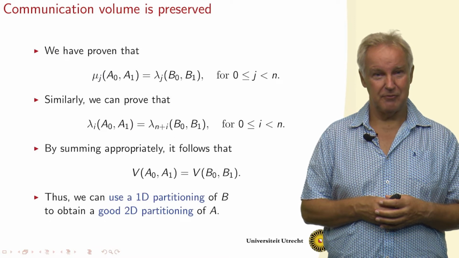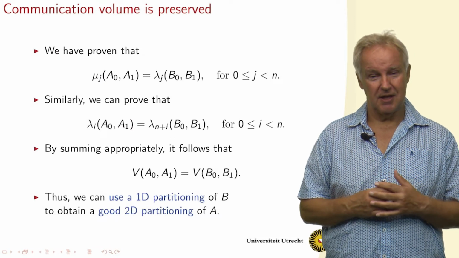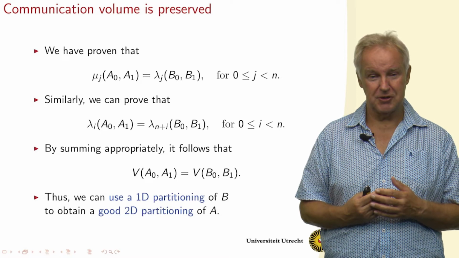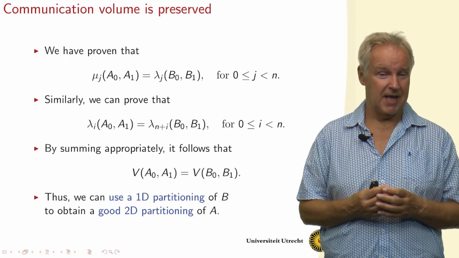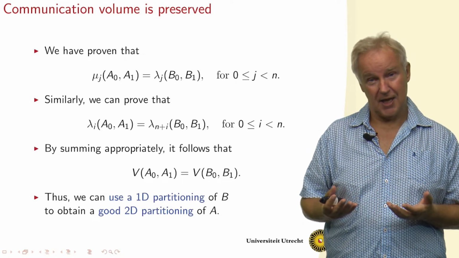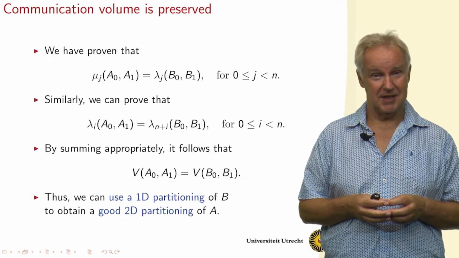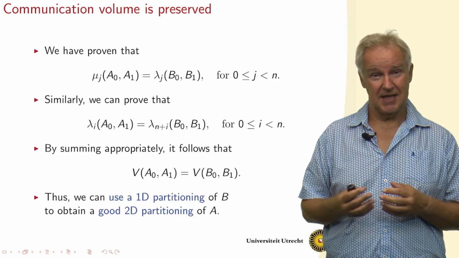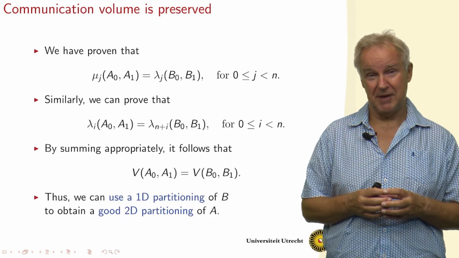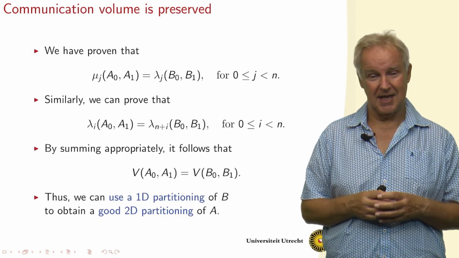Okay, so we have a similar thing for columns and for rows of the matrix A, and this helps us prove that the communication volume that we measure in the matrix A is the same as the volume for the matrix B when we split it like this.